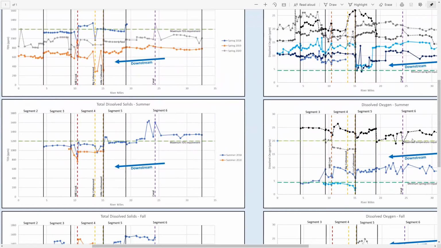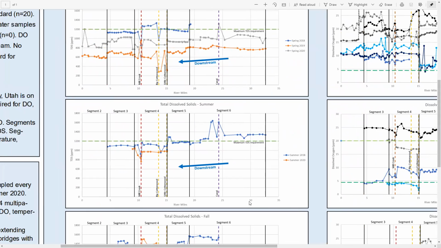For the summer total dissolved solids, a total of 75 samples were taken in summer of 2018 and 2020. Summer of 2018 showed 20 samples above the maximum TDS in segments 5 and 6, whereas 2020 did not.